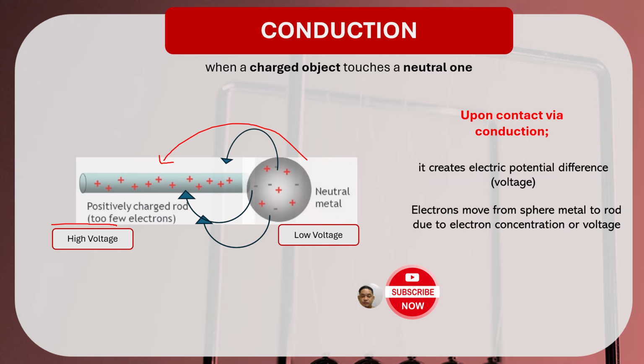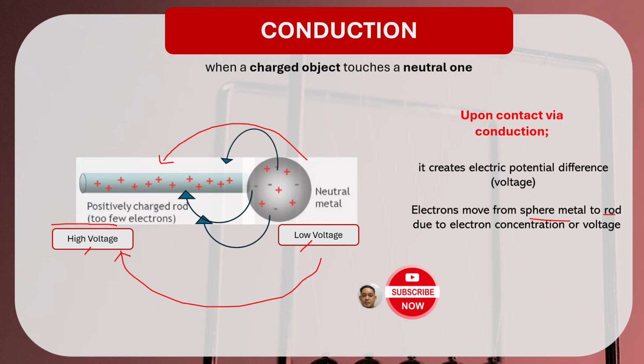Or if we focus on voltage, when you have more electrons, the voltage will be low. If you have few electrons, the voltage there will become higher. Therefore, electrons move from low voltage to high voltage. It's the same thing. Please remember that concept again and again. So electrons move from the metal sphere to the rod due to electron concentration or voltage.